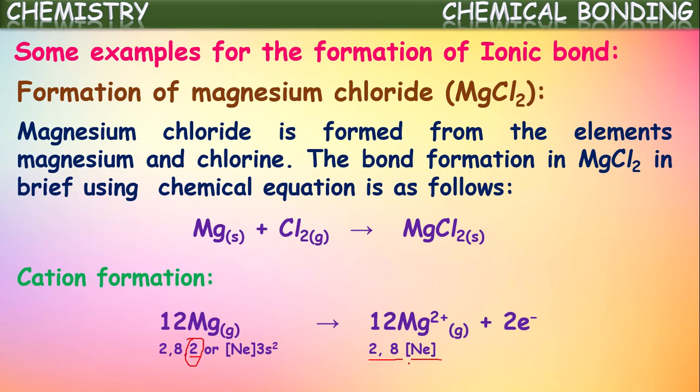By losing 2 electrons it acquires 2 units of positive charge. So magnesium loses 2 electrons and forms a dipositive cation, Mg2+.